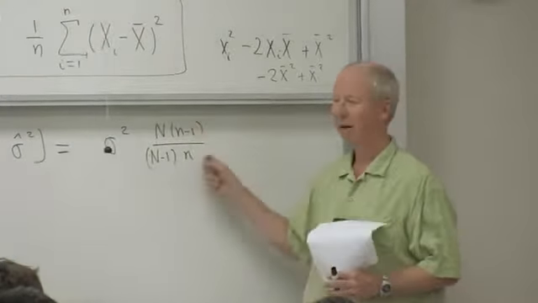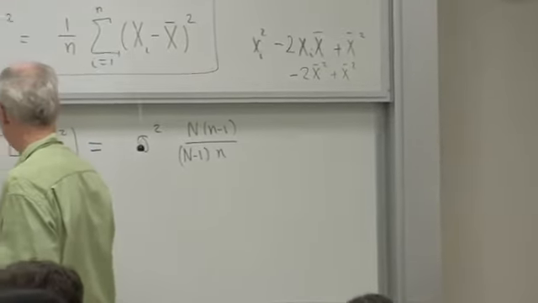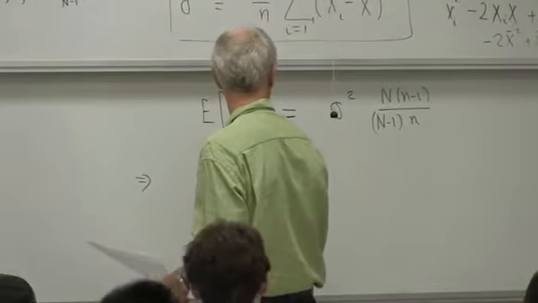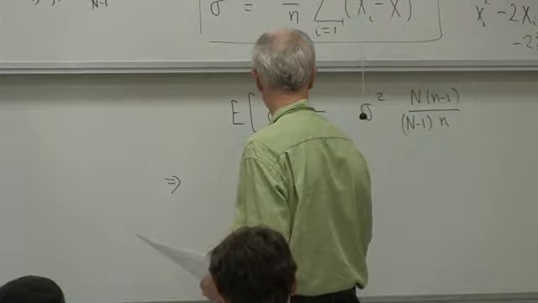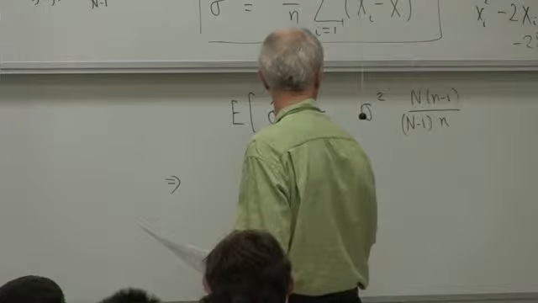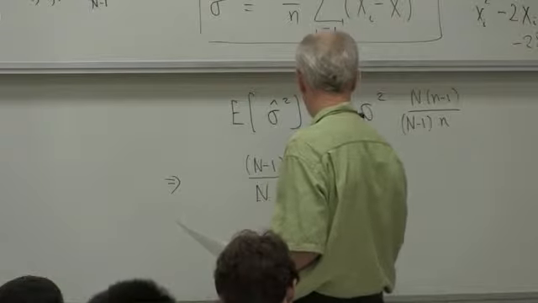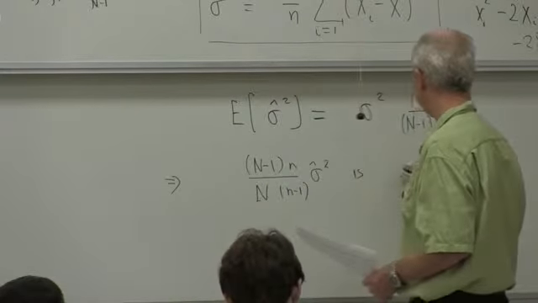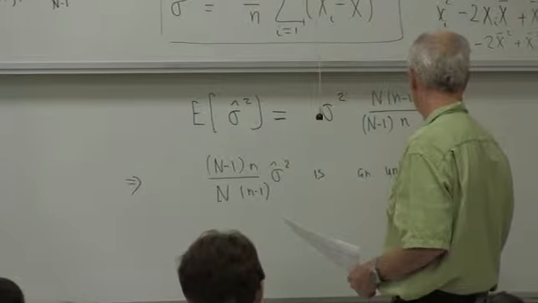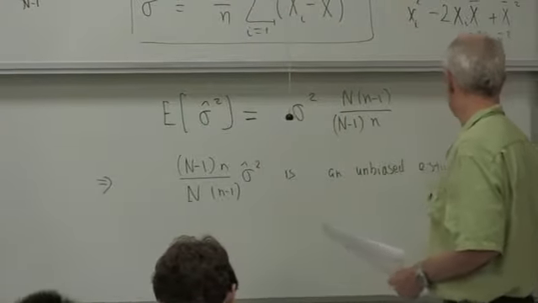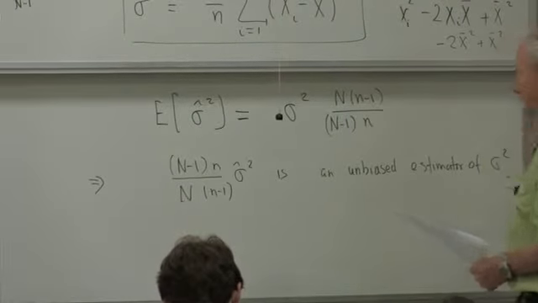Yeah, divide by this factor, right? So this implies that capital N minus 1 times little n over capital N times little n minus 1, sigma hat squared is an unbiased estimator of sigma squared.